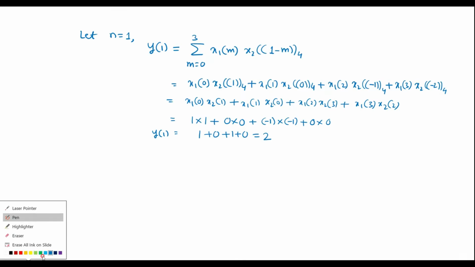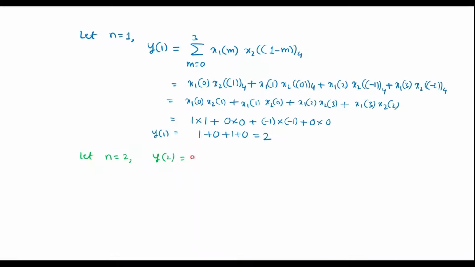Now let me consider n equal to 2. So now I can write y of 2 is equal to summation m equal to 0 to 3 x1 of m, x2 of n value is 2 now, that is 2 minus m modulo 4. Let me simplify, expand the summation for different values of m.